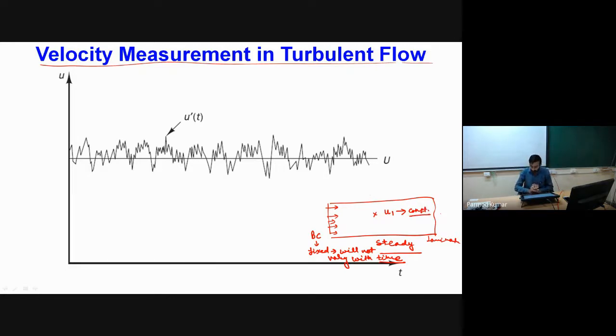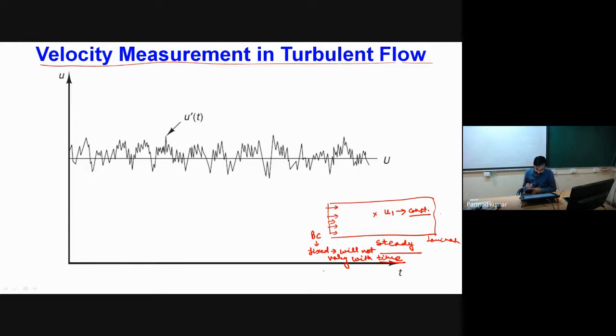However, in case of turbulent flow, even if my boundary conditions are fixed, we will still have some sort of unsteadiness in our flow. What I have tried to convey is that if our boundary conditions are fixed and flow is laminar, then at any point within the flow domain, if we measure any property, that property will remain fixed at that particular location. That will not vary with time.